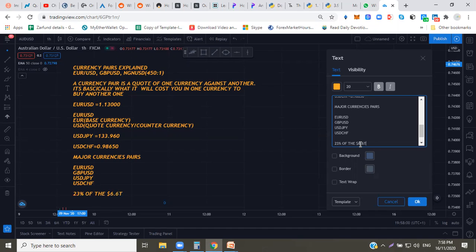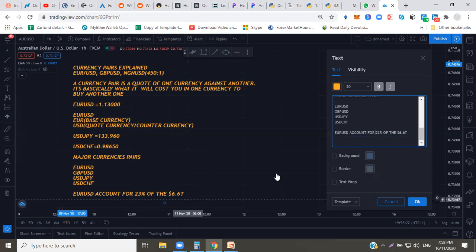6.6 trillion. So Euro USD accounts for 23% of the 6.6 trillion that is traded daily in the forex market.